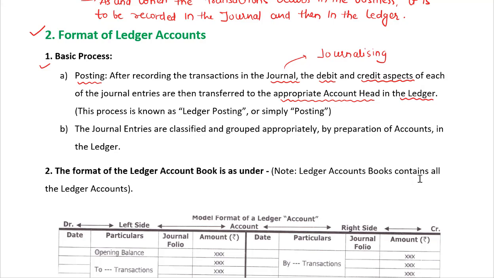We have just shown you the heads: sales, purchases, cash, etc. This process is known as ledger posting or simply posting, that is transfer of entries from journal to ledger.